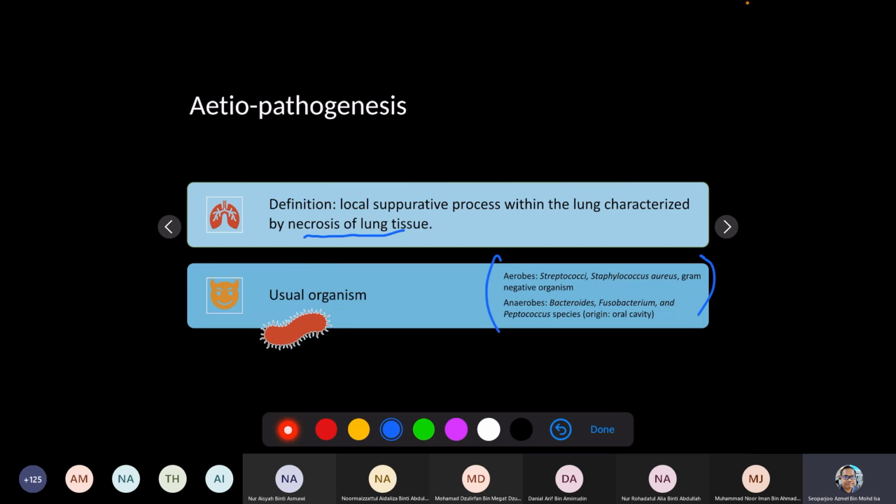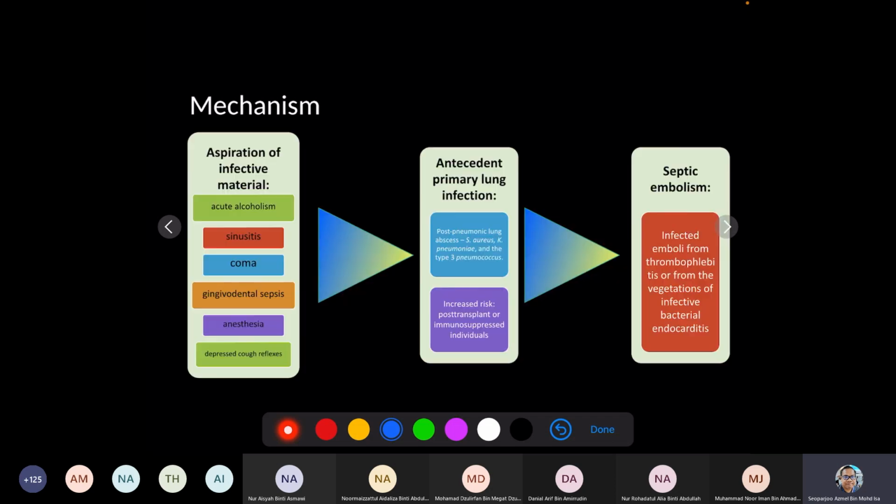For example, if there was a Staphylococcus aureus pneumonia previously, this Staphylococcus aureus is usually the same organism that causes the lung abscess. For the mechanism, it can start with the aspiration of infective materials, for example sputum, or sometimes aspiration pneumonia.